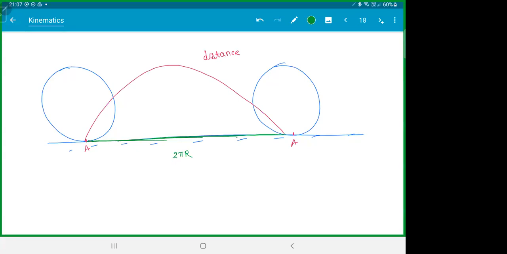You're getting it? So what you learned was this. In one full revolution, the center of the wheel will travel 2 pi r. This was displacement. What I wanted to find is the length of the red line. Let me show you how the path looks.